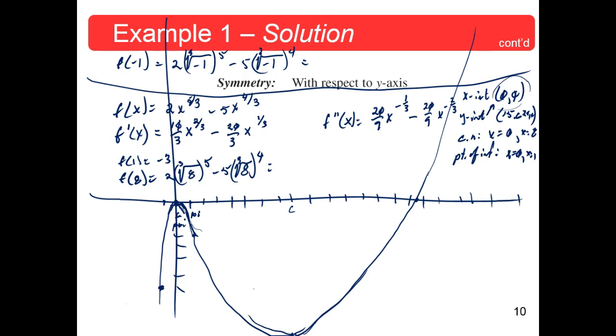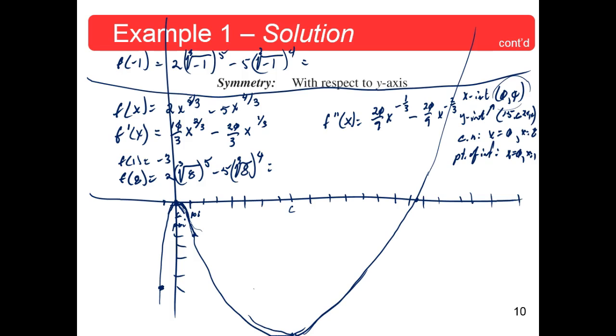For sure, your second derivative here is going to be, the cube root of 8 is 2. So this will be 1/2, and 1/2 of this will be 10 ninths.